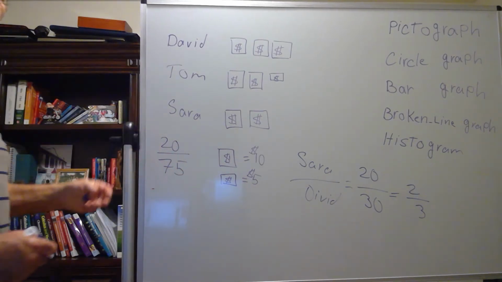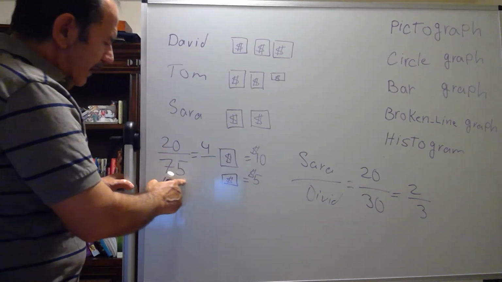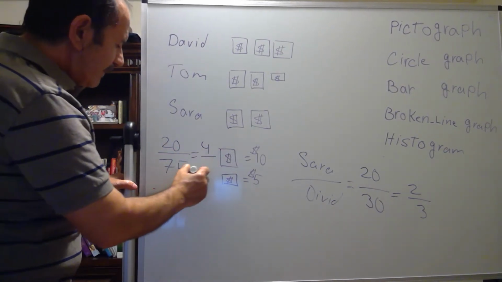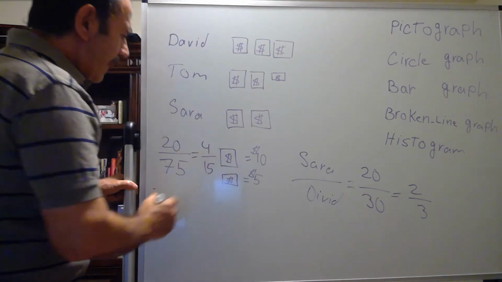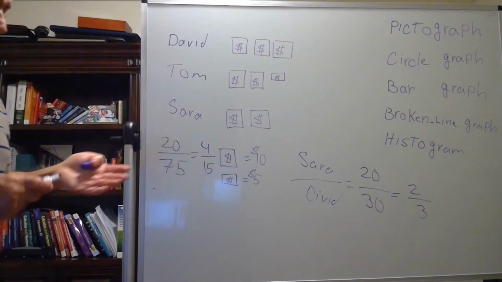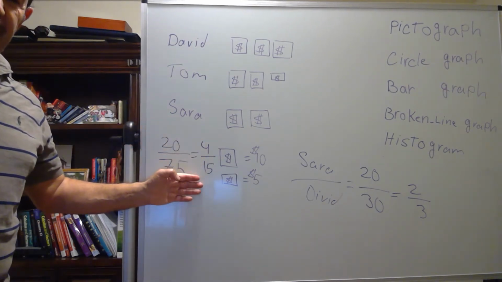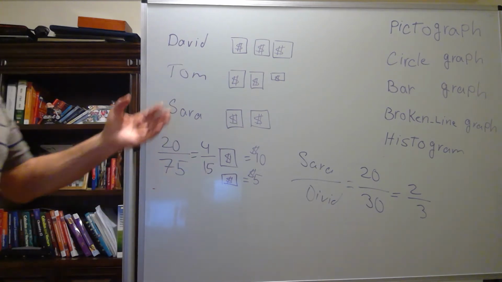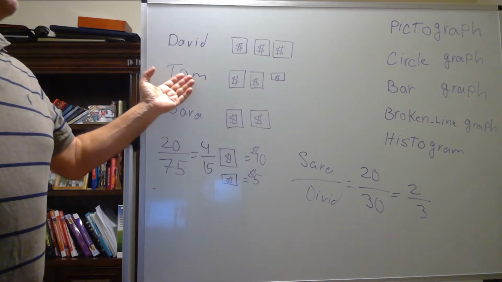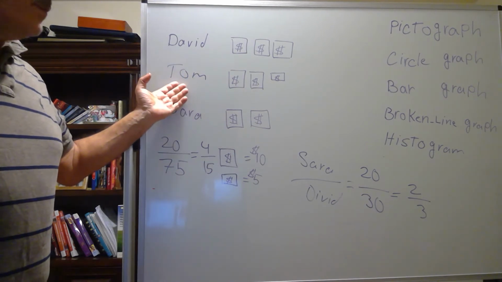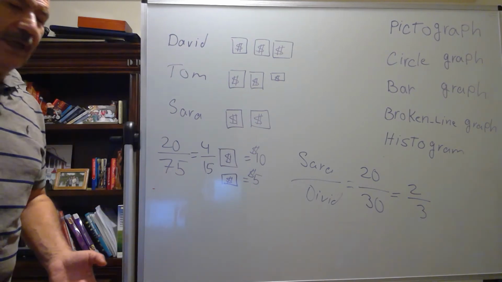We can simplify by 5, which is going to be 4 over, and 75 divided by 5 is 15. So the ratio of Sarah's money to total money is going to be 4 over 15. Or we can say Tom's money is what percent of total money, and we can calculate it.